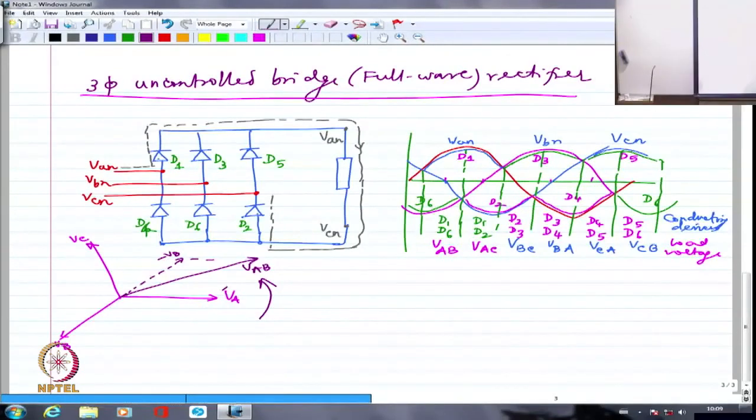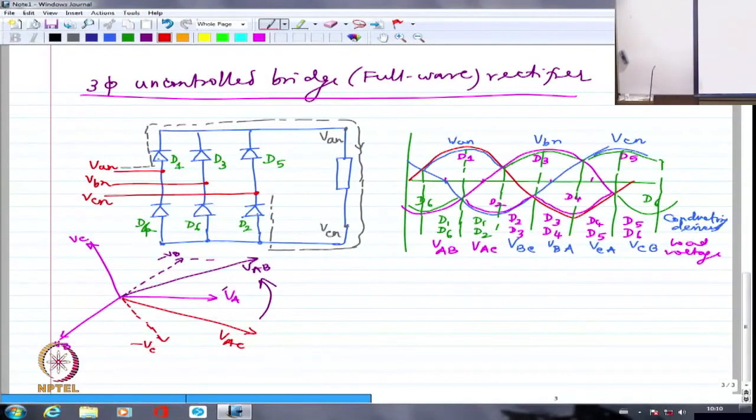Similarly, minus VC is somewhere here, so I draw VAC when I add these two. VAC will lag VAN by 30 degrees, and VAB will lead VAN by 30 degrees, right?